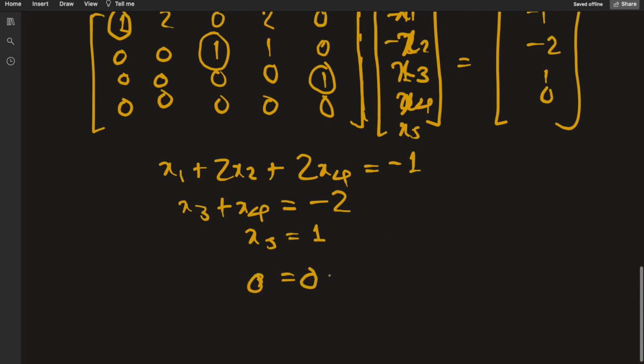So it is pretty consistent. There's no contradiction until now.